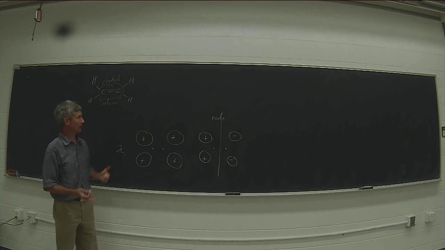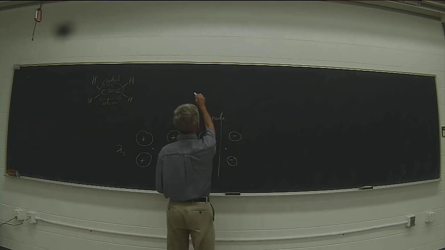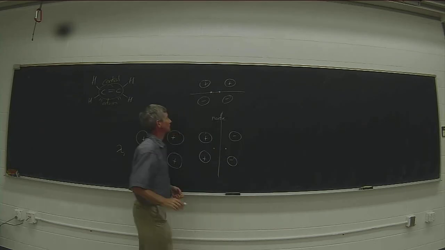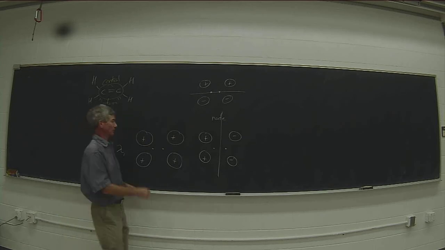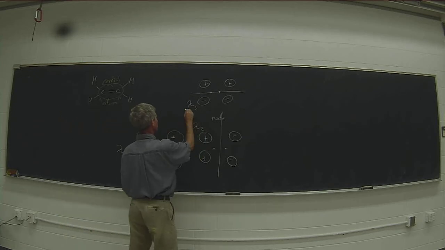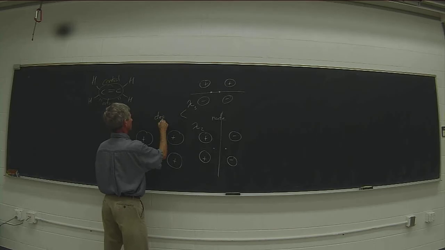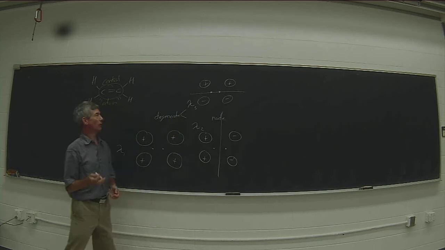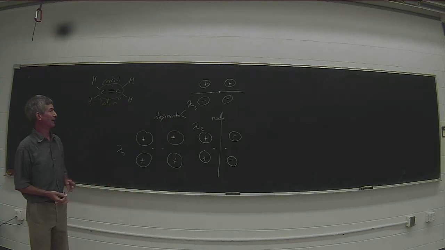But we could also have a single node on the horizontal plane, which would have the 2 hydrogens on the top, 2 hydrogens on the bottom, and those should be expected to be degenerate. Lambda 2, lambda 3, because they each have 1 node, should be at the same energy.